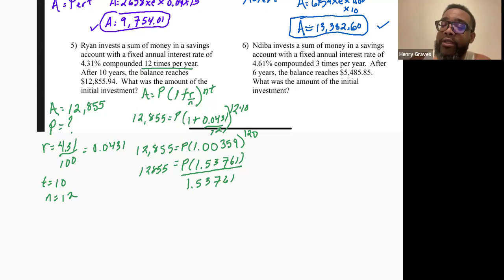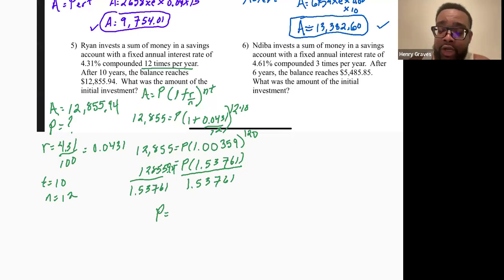So let's see what my P is going to equal. So I'm going to do 12,855.94. I forgot the 0.94. That's my fault. Why did I forget the 94 cents? That's very important. Every penny counts, right? Divided by 1.53761.